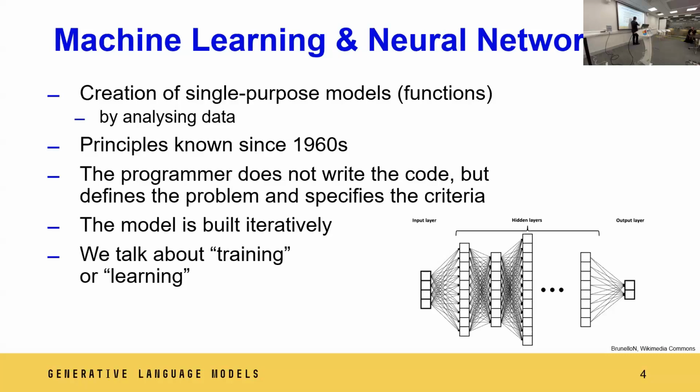Each neuron takes the signal from all the neurons in the previous layer and sends the signal to all the neurons in the following layer. All these connections have weights, which can either diminish or increase the signal. And that's what is being adjusted during the training.